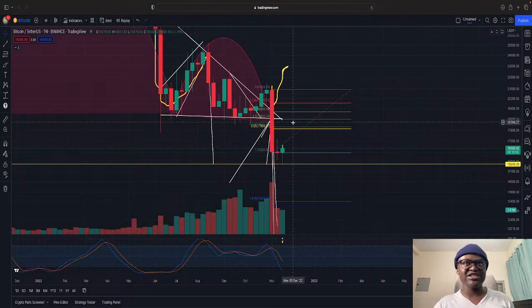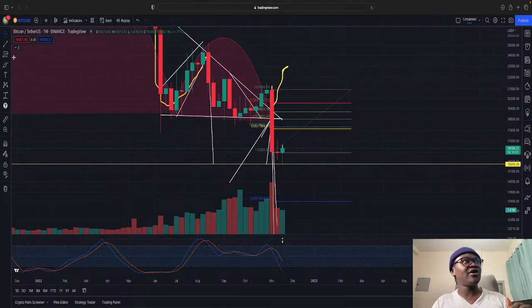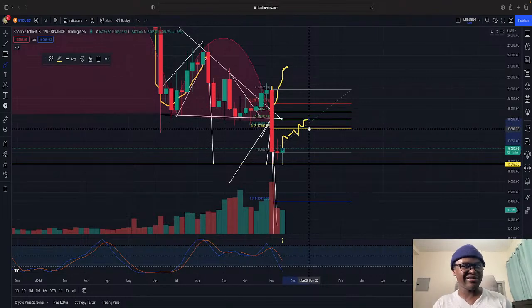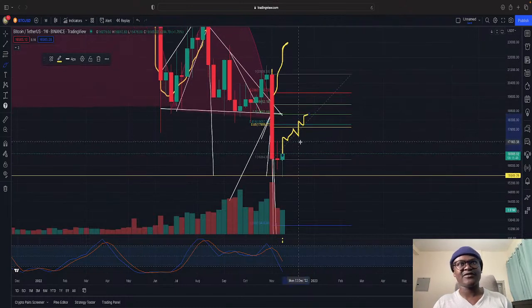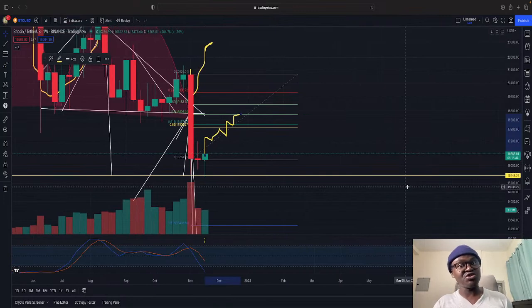If price retraces 50% of this triangle, what we would expect is that it will form something that looks more like so. Now, being like so is also another pattern. This would have been an ascending wedge. We talked about ascending wedges before, which will be a price continuation pattern.